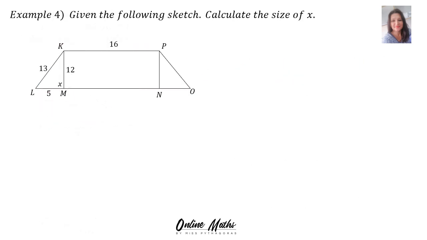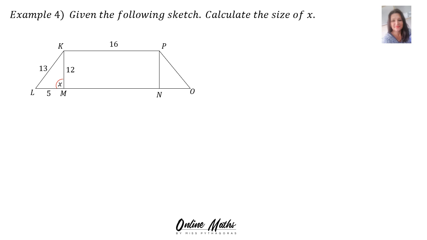Example 4. Given the following sketch, calculate the size of x. Now when you go to the sketch, you will find x is this angle over there. So we need to find the size of the angle. So nowhere do they mention the theorem of Pythagoras. This is my job.